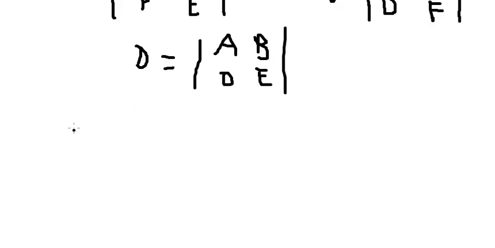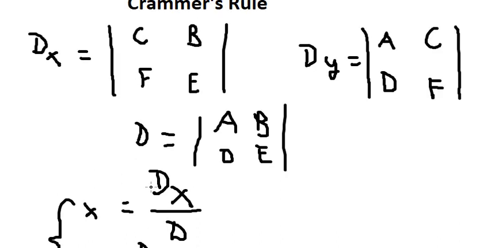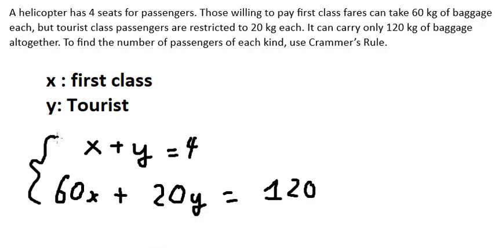If we want to find the solution of x and y, we need to use dx divided by d and dy divided by d. Now we can apply the formula here.